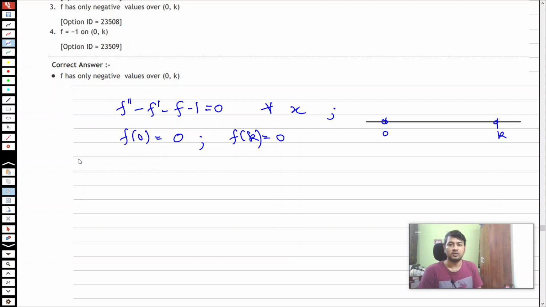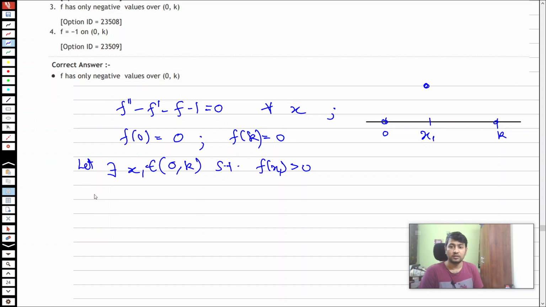So let there exist x belonging to (0, k) such that f of x is positive. So there exists some x, let's call this x1, such that f of x1 is positive. If the function sometimes goes up, it has to come down as well.